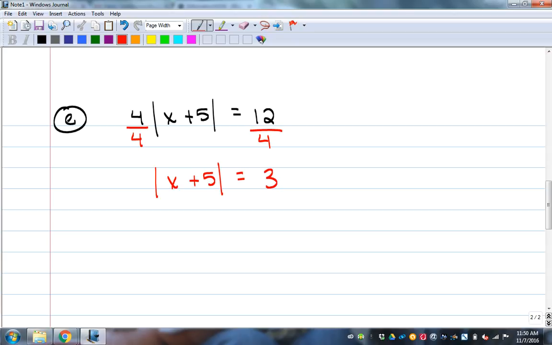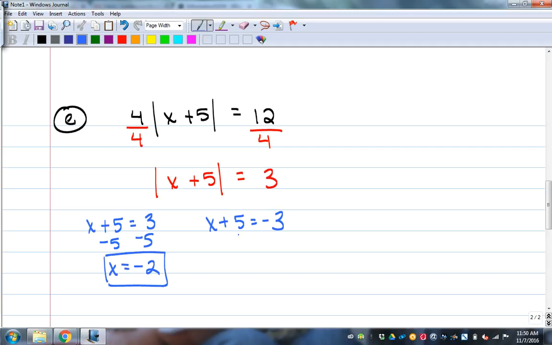Okay, now we have our setup. Let's set up two equations. What are they? And solve them. -2 and -8.